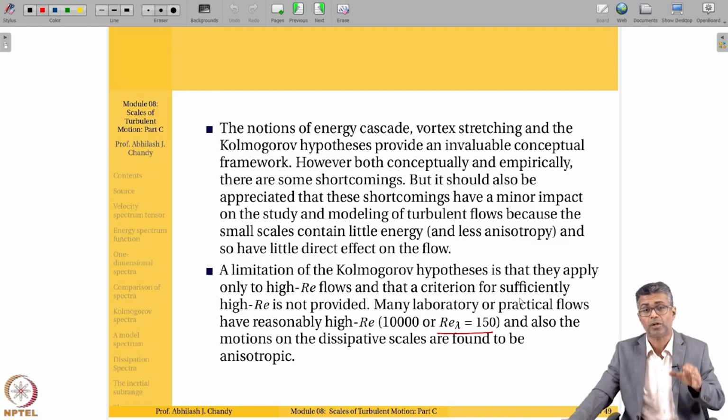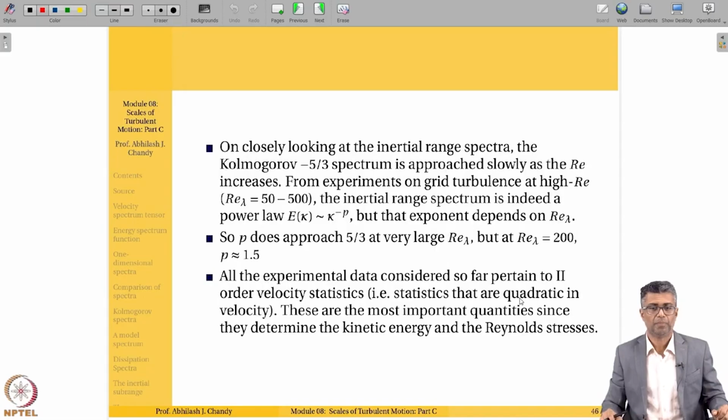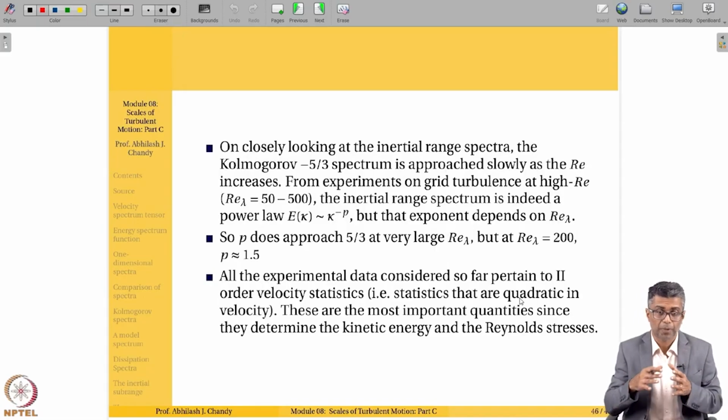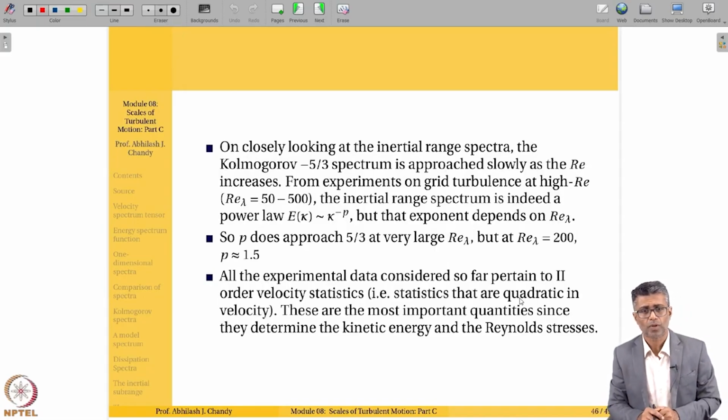So that's a limitation. You should know that it exists, but it doesn't seem to affect our predictions, our understanding of the problem, as much. That is because of these dissipative scales which don't contain as much energy. So that is pretty much what is described in this slide in more detail.